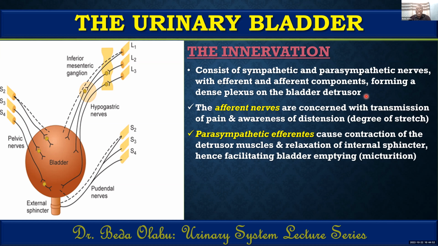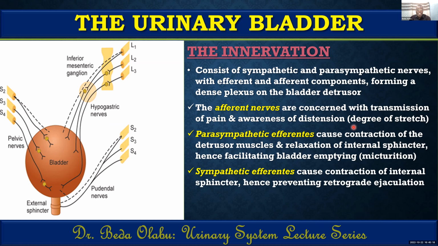This will cause, therefore, bladder emptying. And so the parasympathetic efferents, because of their effect on contraction of the urinary bladder, are important for facilitating the process of micturition. They also cause relaxation of the internal urethral sphincter, and that again facilitates the process of micturition.